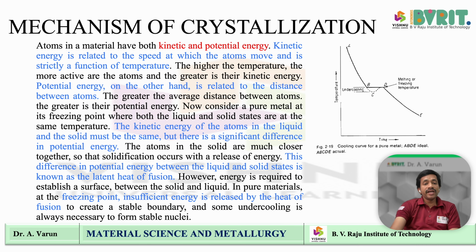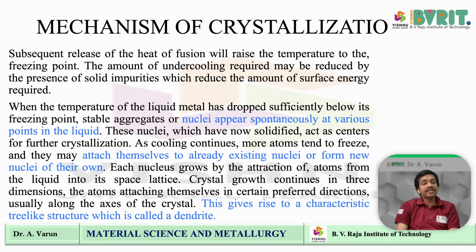So whatever we discussed so far is about the stable nuclei formation. Later on, once the subsequent release of heat of fusion is observed, slowly more and more atoms are present around the nuclei, which may either join the existing nuclei or form their own, depending upon whichever is the favorable condition.